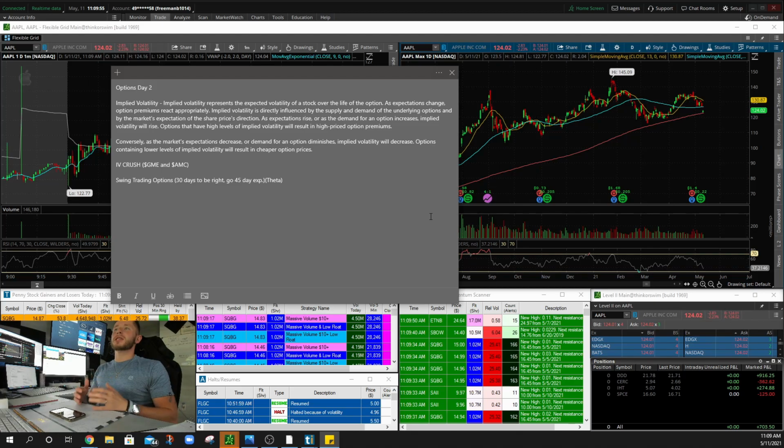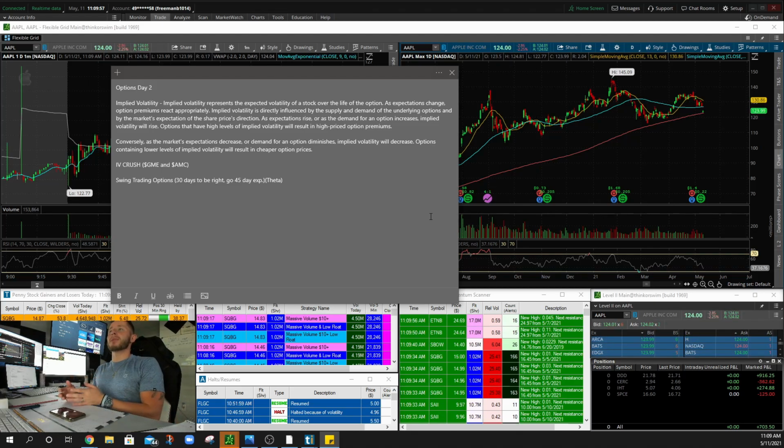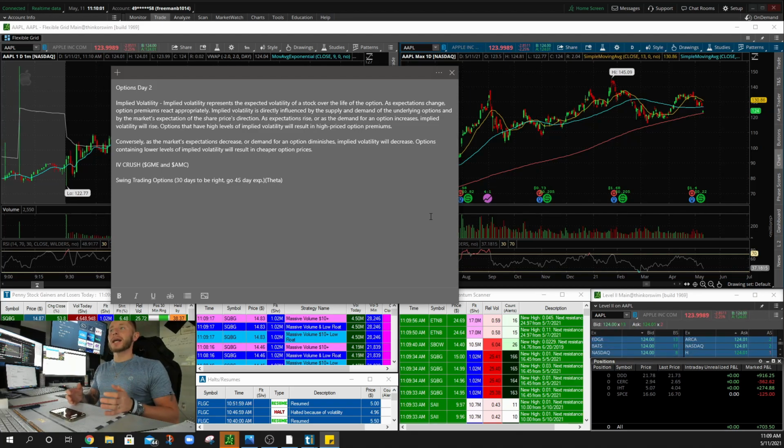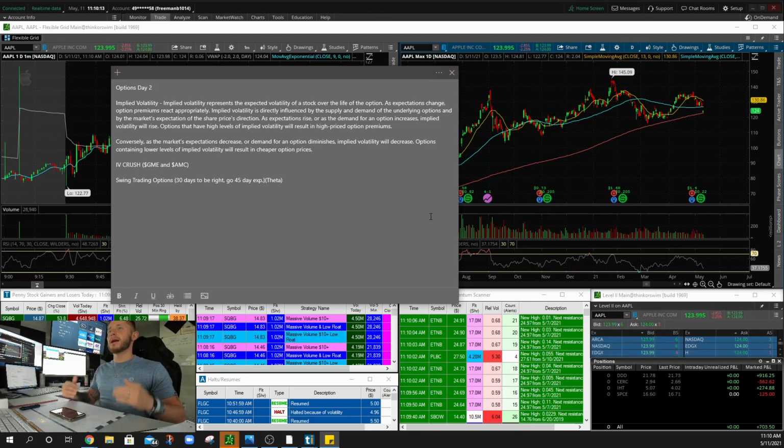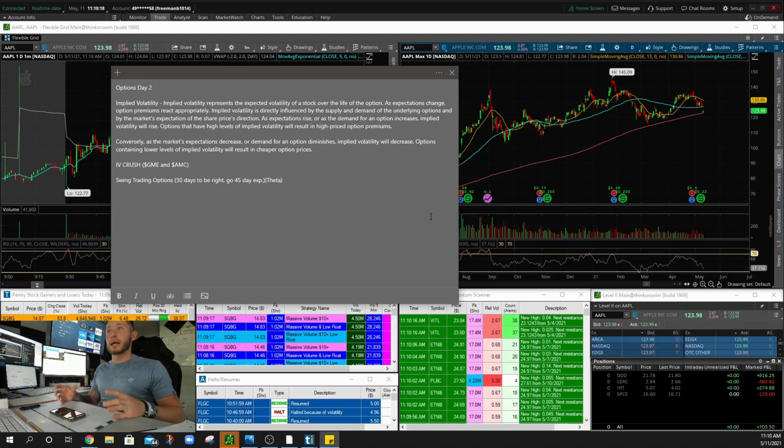Options that have high levels of implied volatility will result in high-priced option premiums. We talked about this yesterday, right? A high implied volatility, basically the supply and the demand being high, will increase the IV, which will increase the value or the premium for that option. I say it artificially increases the premium of the option.